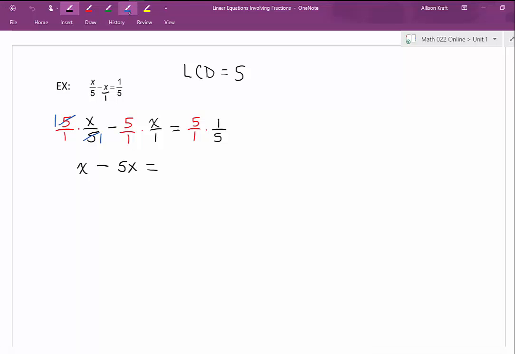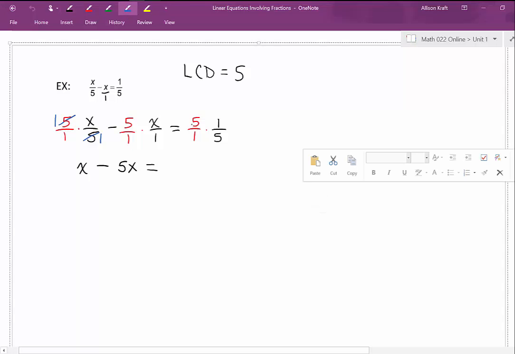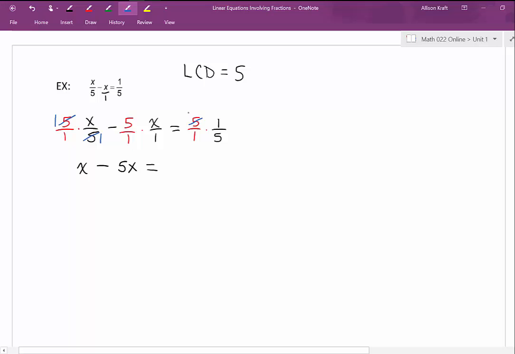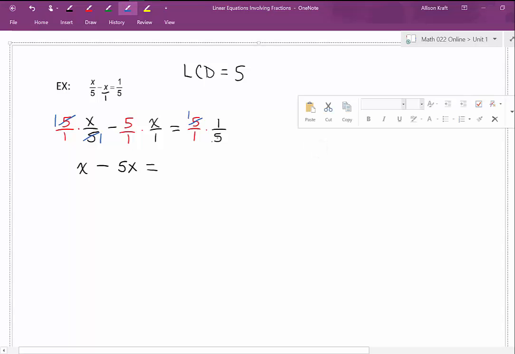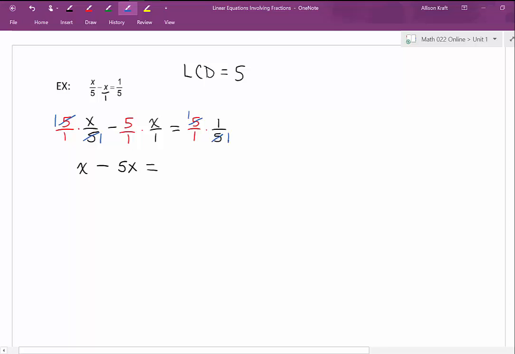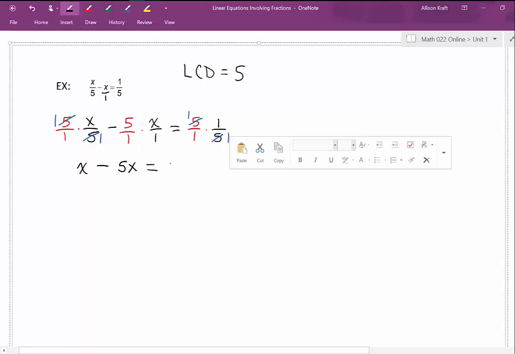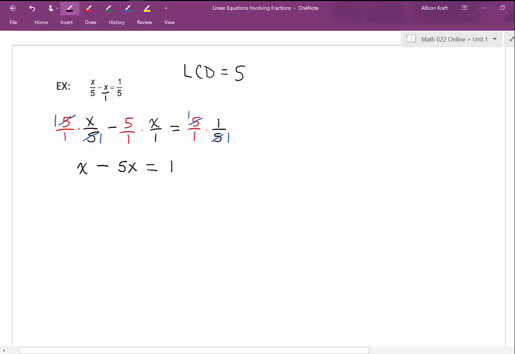On the right side of our equation, I see that 5 and 5 are both divisible by 5. So 5 goes into 5 one time, 5 goes into 5 one time. I multiply straight across. I get 1 over 1, or just 1. Now I have an equation with no fractions in it that I can solve as normal.